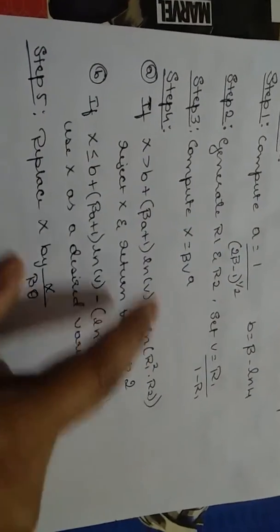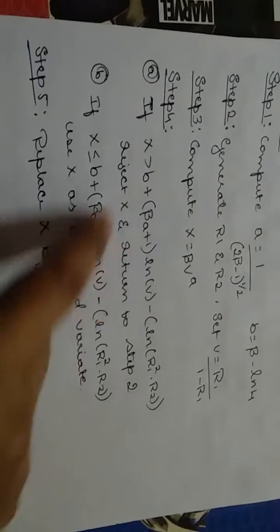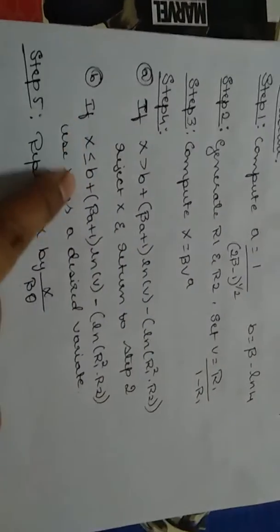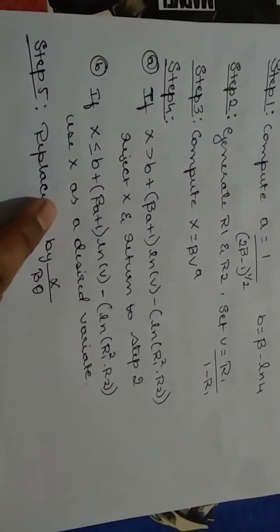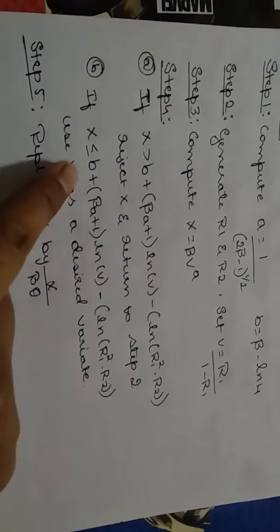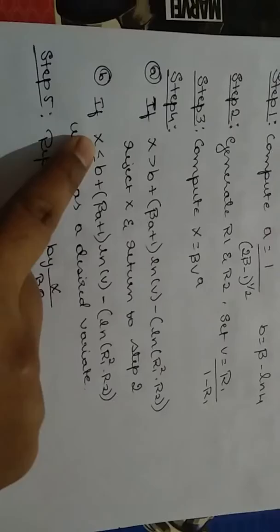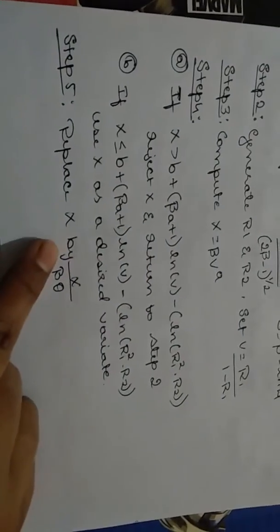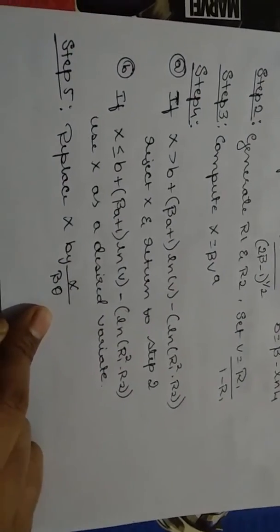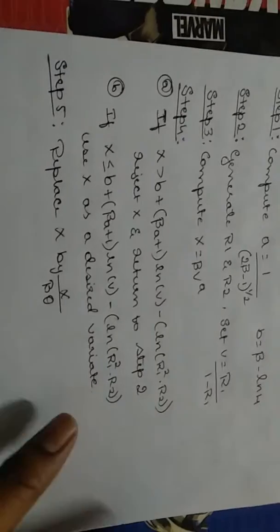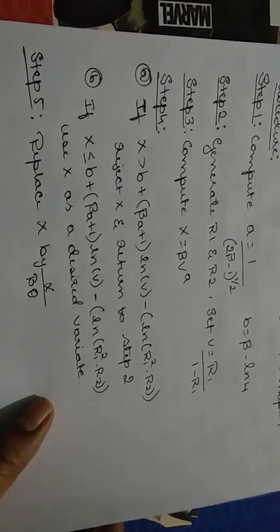If it is greater, reject and return to step 2. If it is less than or equal, use X as the gamma random variable. Then replace X by X divided by beta theta. These are the steps we need to follow for the gamma distribution.